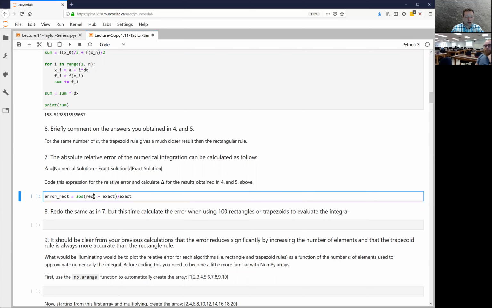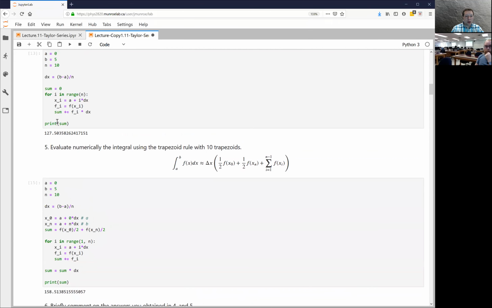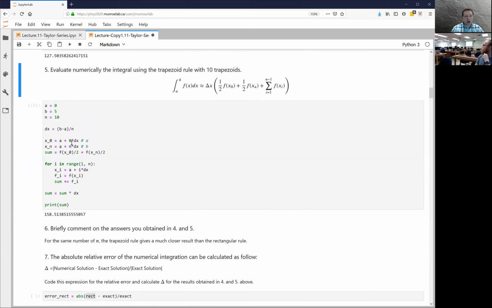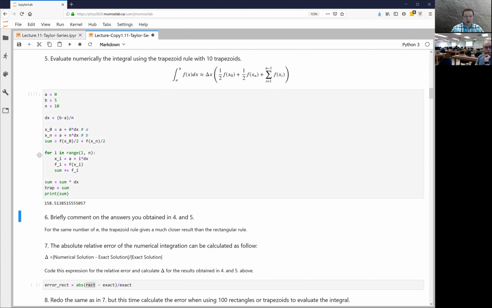The only difference here is I need to know what the rectangular value is. So I'm going to go back up to my code up here. And just before I'm done this piece of program, I'm going to save that variable so I could use it again later. Likewise, for the trapezoid rule, I'm going to create a new variable called trap so I can use that variable later.